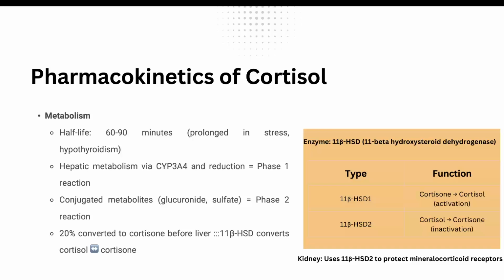This enzyme, 11 beta hydroxysteroid dehydrogenase, has two types, type 1 and type 2. Type 2 is responsible for inactivation of cortisol, and type 1 is responsible for activation to cortisol. So type 2 converts cortisol to cortisone, and the cortisone is activated again to cortisol by type 1.